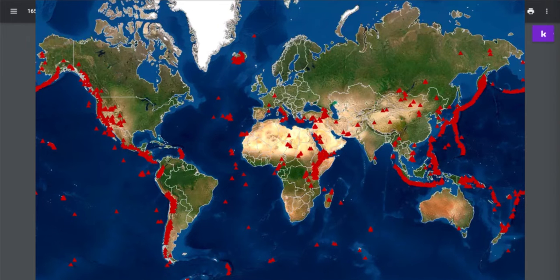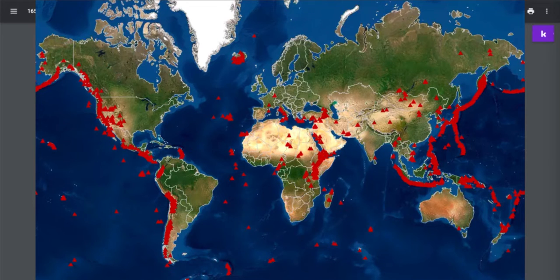Students look at the volcanoes around the world and see that, generally speaking, they are in lines and only show up in certain areas. They are not spread out evenly around the world. There definitely seems to be a pattern, and the vast majority of them are found along coastlines.